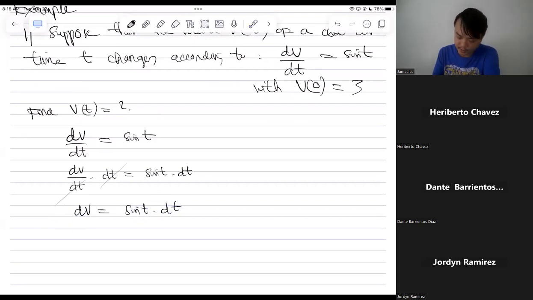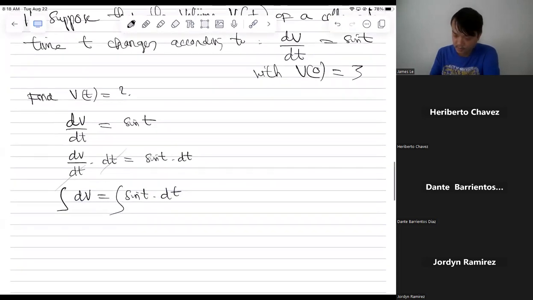So I can integrate both sides. What is the left hand side here? Integral of dv is just v. Integral of sine t dt is negative cosine t.